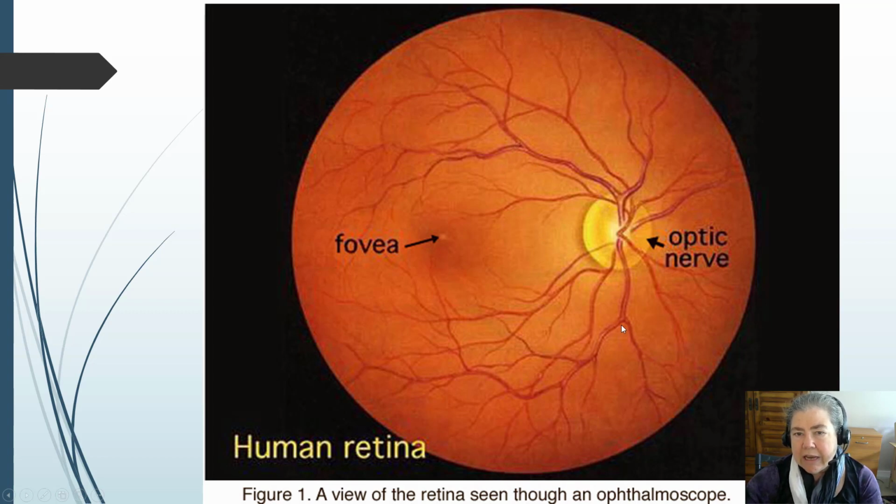So you can look at any part of the retina, you can see the fovea, you can see vessels, or you can see the optic disc, but you don't see all of this. This is all seen through a camera. So when the eye doctor takes a picture of your retina, they're getting a picture that looks something like this. You can see the choroid, which is the vascular tissue behind the retina, and that's where all these vessels are.